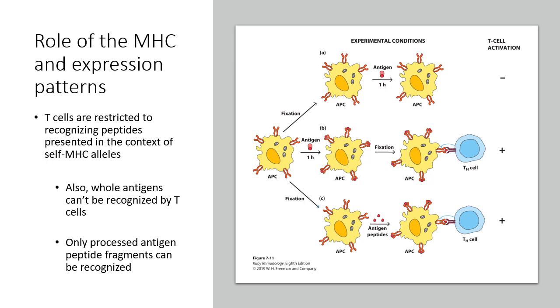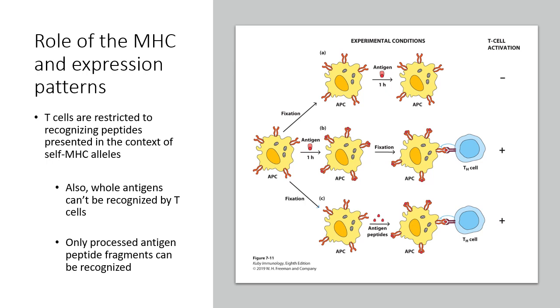So T cells have to see these peptides, little fragments of proteins, presented in these MHCs. Whole antigens are too big. Remember, you had to trim these things down somehow, and this is the part that we hadn't talked about yet. You have to trim these proteins down from their full length of hundreds or maybe even thousands of amino acids into a fragment that is 9 for MHC1 and about 13 for MHC2. Tiny bits and pieces.